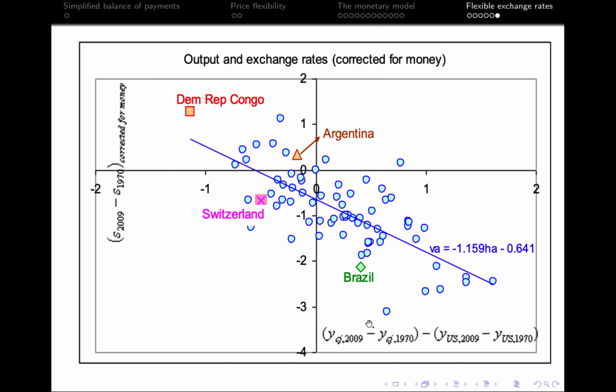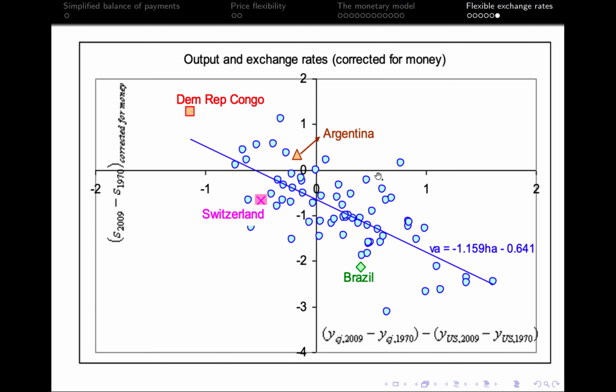We see that output growth rates, again, are explaining changes in exchange rate very, very well. Although here those points are not fitting the line so closely.